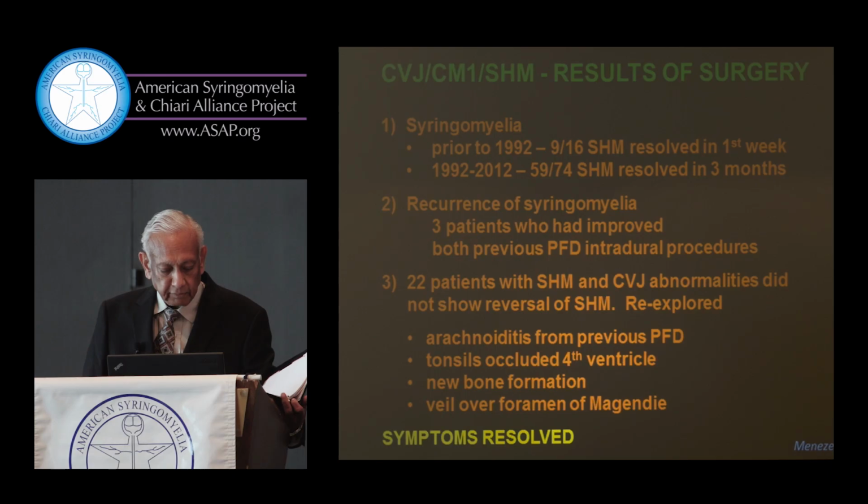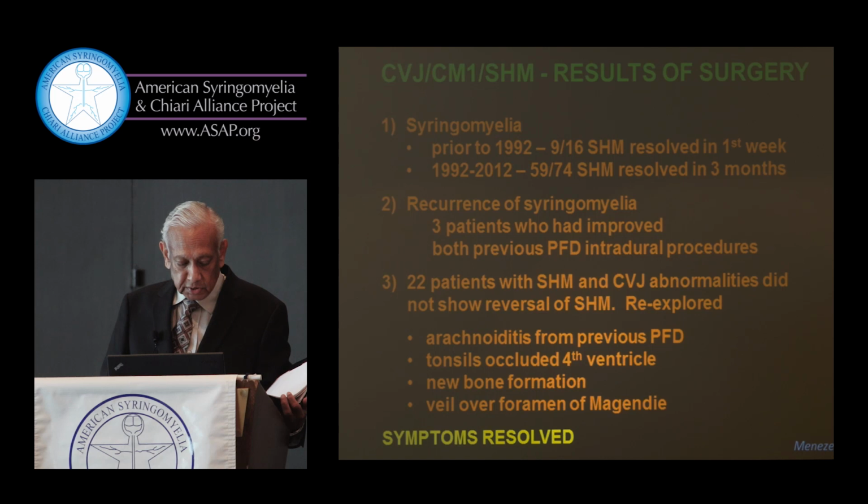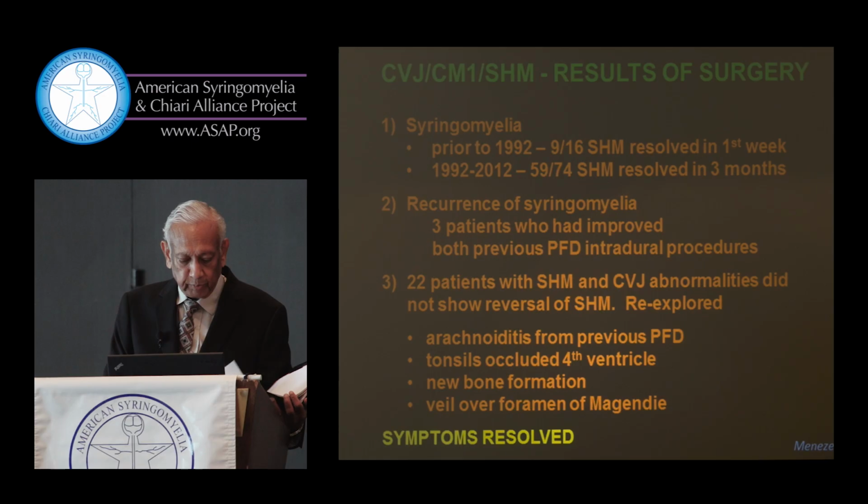We found scarring from previous procedure, occlusion of the fourth ventricle, you've heard all of this today, by the tonsils that were matted down together, or new bone formation over the previous posterior fossa decompression, or the veil that may be present at the outlet of the fourth ventricle. In most patients, their symptoms resolved after this operation.